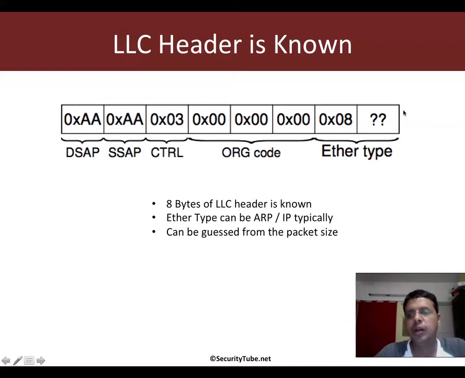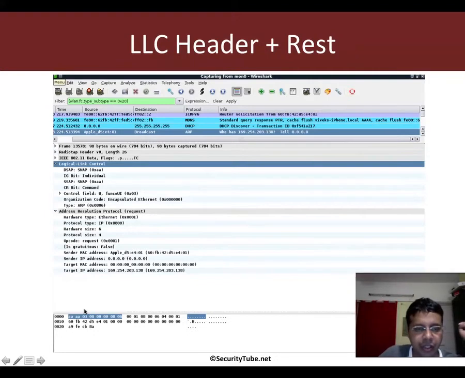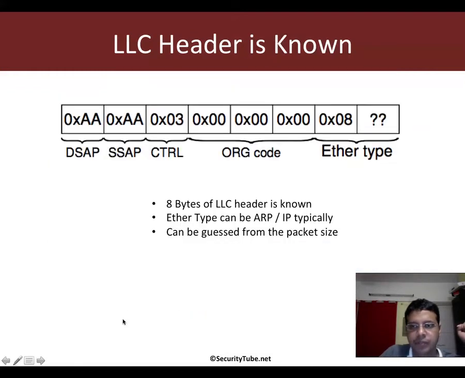Only the last byte, which is part of the EtherType, is the one which varies. Now you can compare this diagram with the screenshot here, and you will notice we have AAAA0300 followed by 3 zeros, then 08 and 06. And this is exactly what it is. 06 would be for ARP.